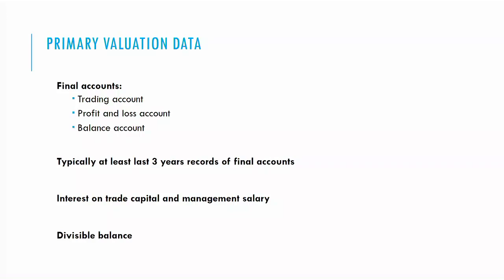If the tenant puts all his salary and interest charges against that profit, what will happen? The profit will be reduced, and then the landlord will get a reduced profit share. Clear? So when we calculate the divisible balance, the tenant is not allowed to deduct his salary or interest.